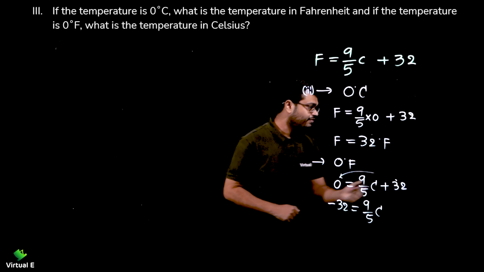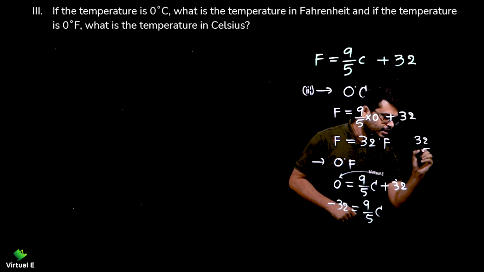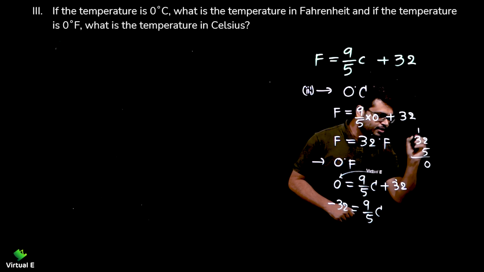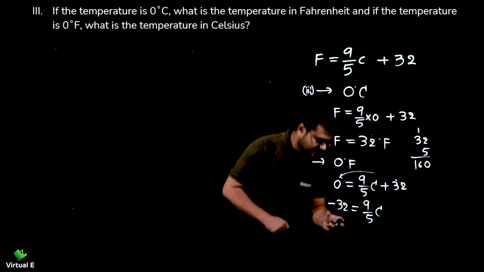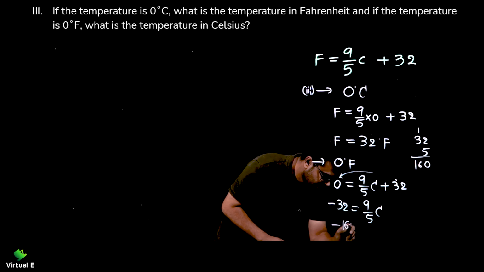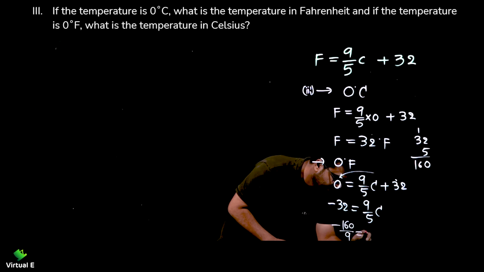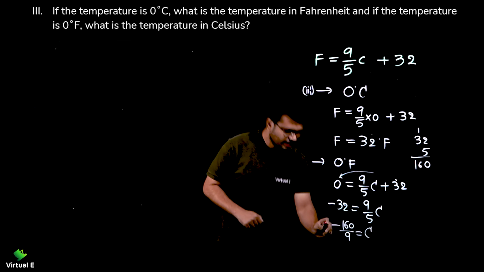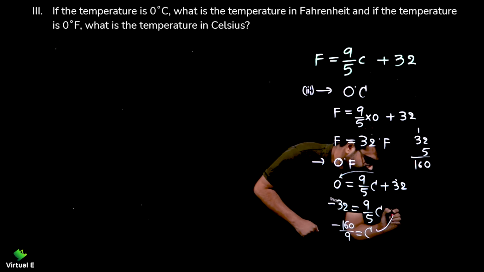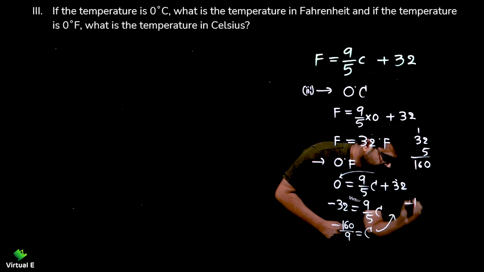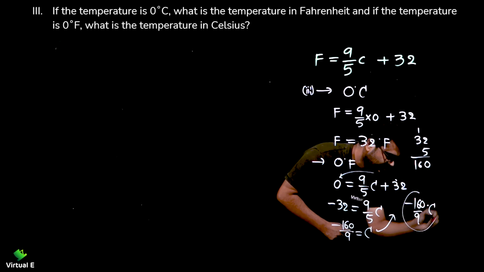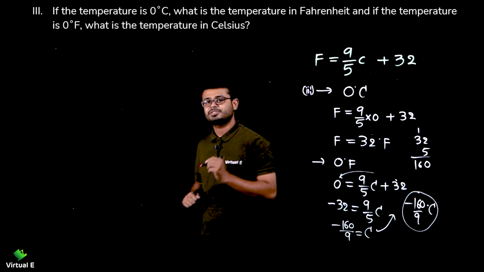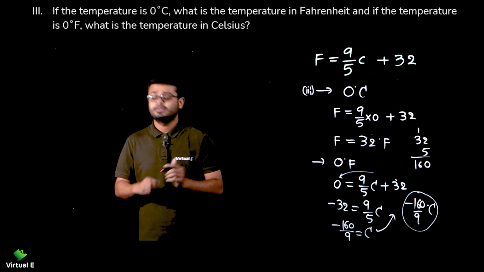So 32 into 5, let's check it. What do we get? 5 2s are 10, 0 carry over 1, 5 3s are 15 plus 1, 16. So minus 160 over 9 will be the temperature in degrees Celsius, or we can write minus 160 by 9 degrees Celsius. That's the answer, and that's question number 3.